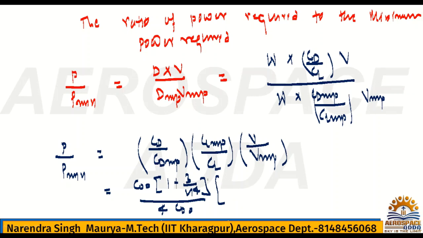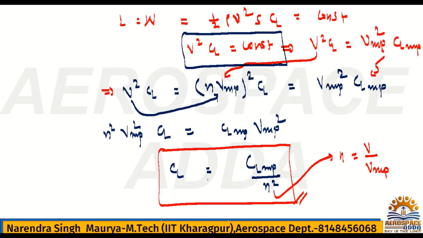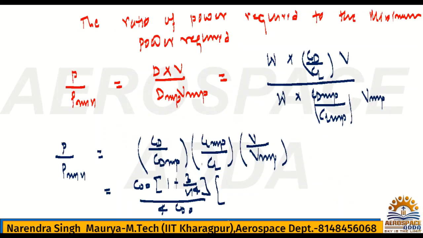What is CL_MP by CL? CL is equal to CL_MP by n square, so CL_MP by CL is n square. What is V upon V_MP? It is n. There should not be any confusion.